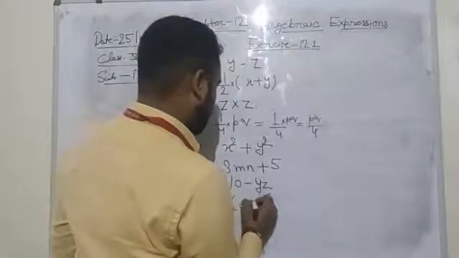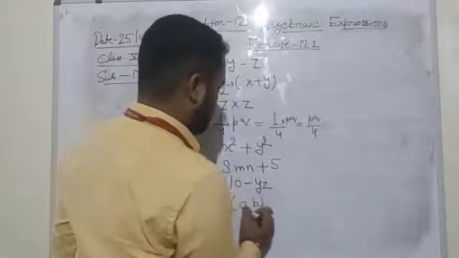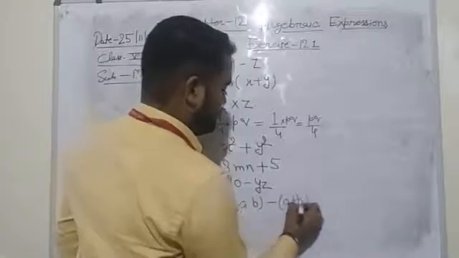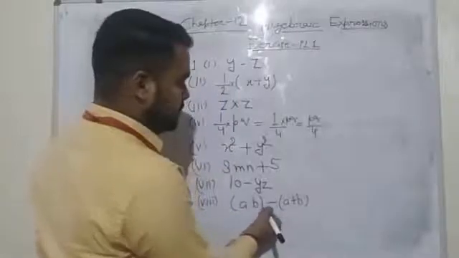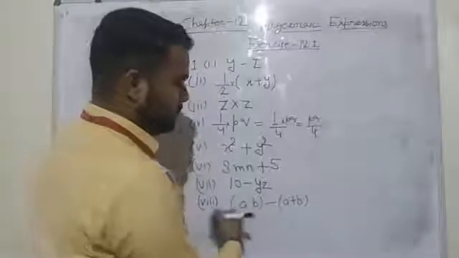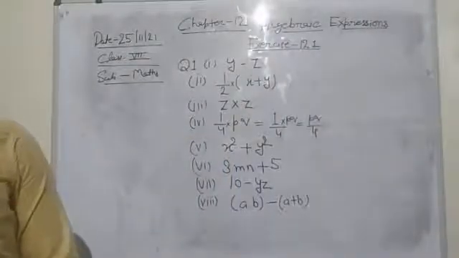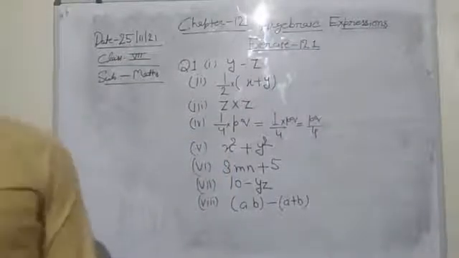First, write down the product of ab and the sum of a and b. The sum of the numbers a and b is subtracted from the product of ab. Okay? So, note down.